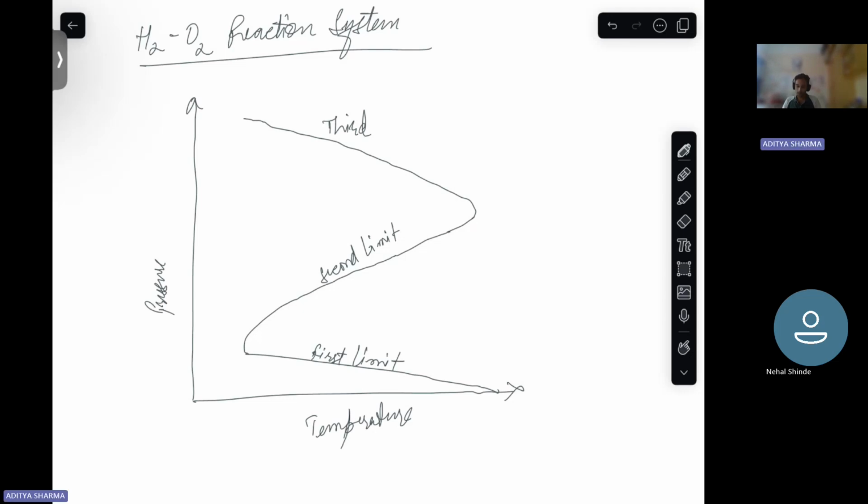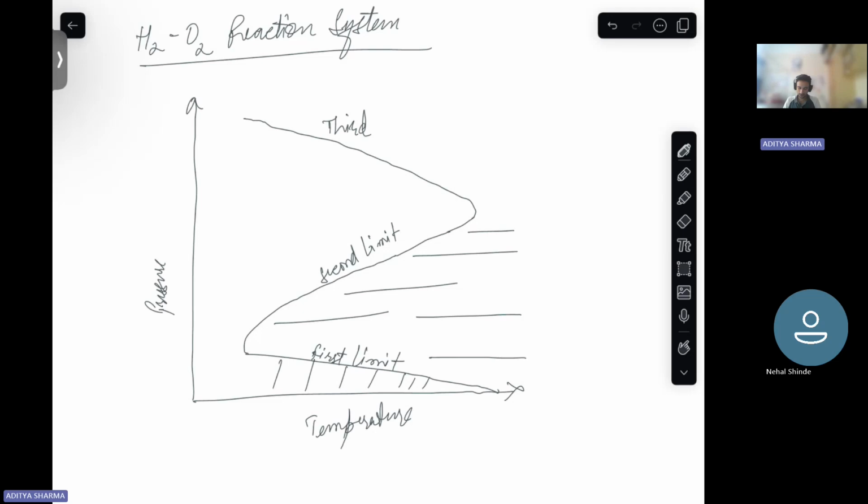And this graph suggests that if your pressure and temperature coordinate falls in this region, in that case, your explosion won't take place, right? But if it falls in this region, in that case, explosion will take place, right?